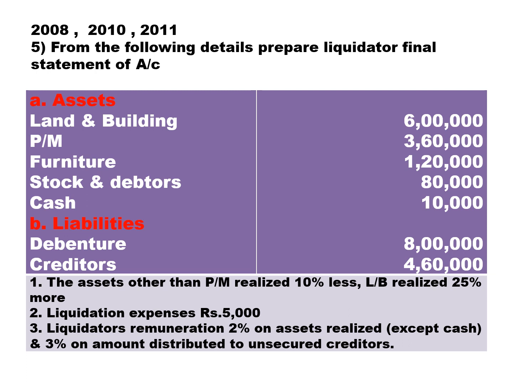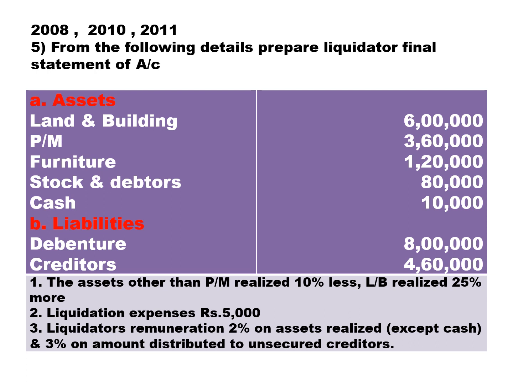It's calculated on assets sold and on liabilities paid. Here liabilities paid means unsecured creditors.